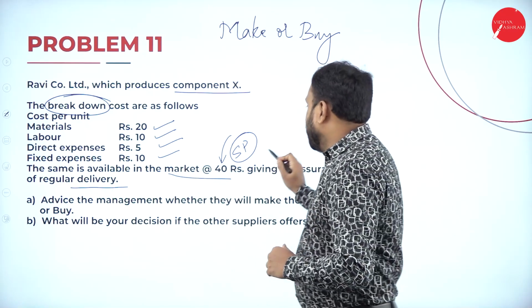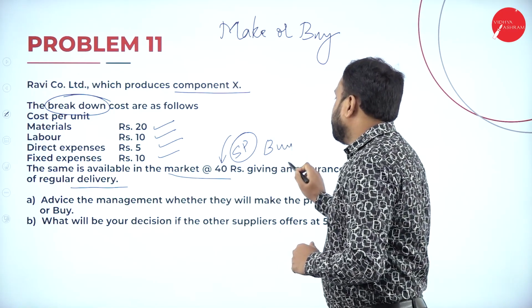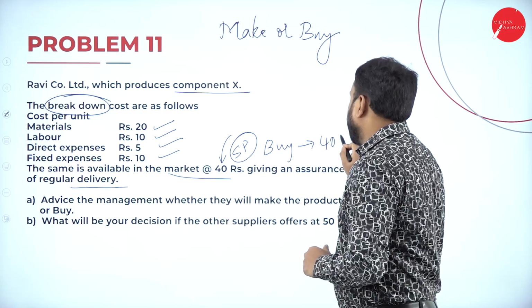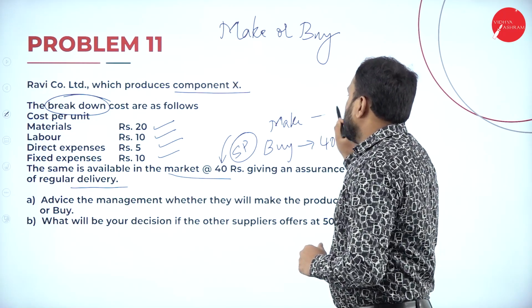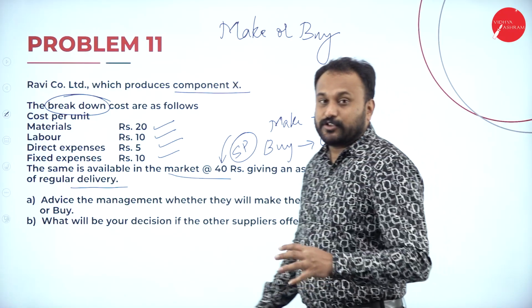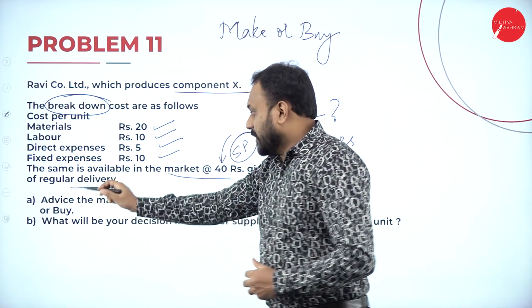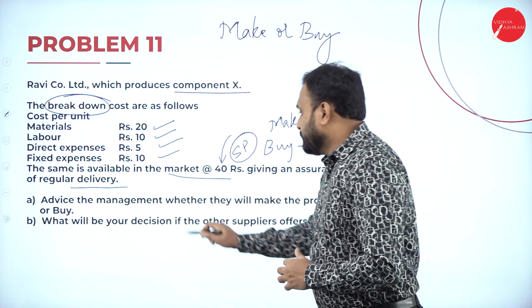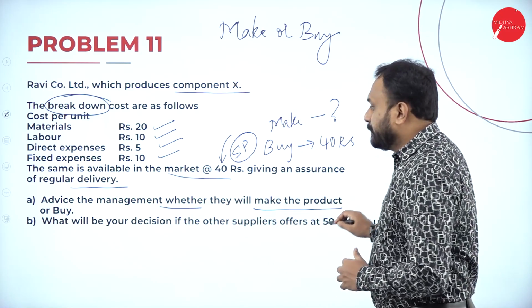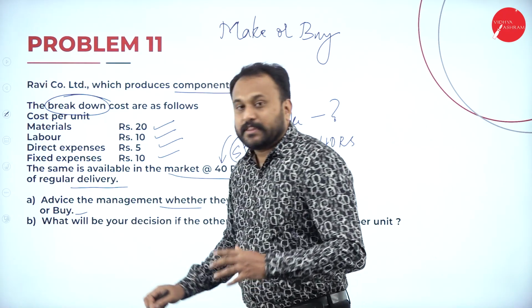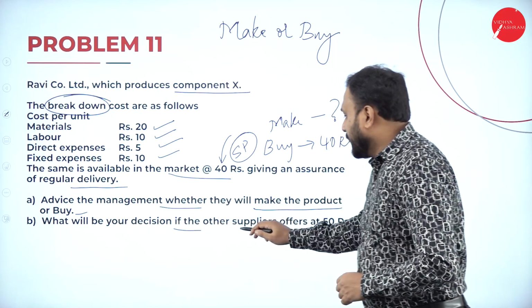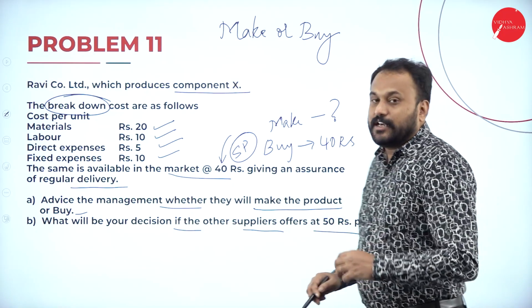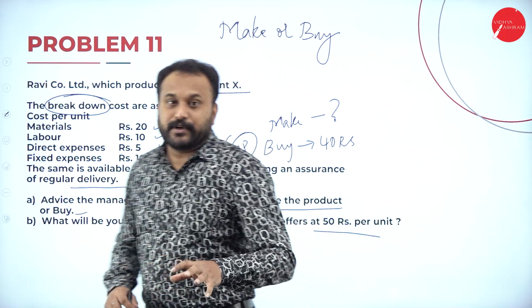Now if I buy, I should buy for 40 rupees, but if I make, how much it will be? So you are supposed to calculate. Now A, advise the management whether they will make the product or buy. The second question is B, what will be your decision if the other supplier offer at 50 rupees per unit?